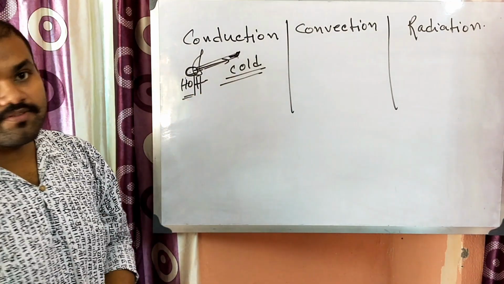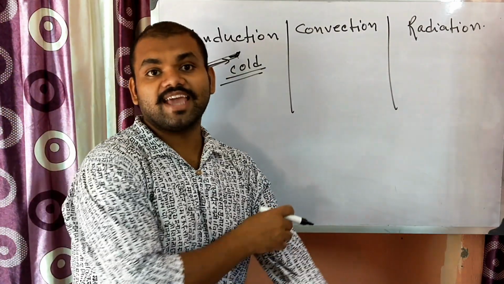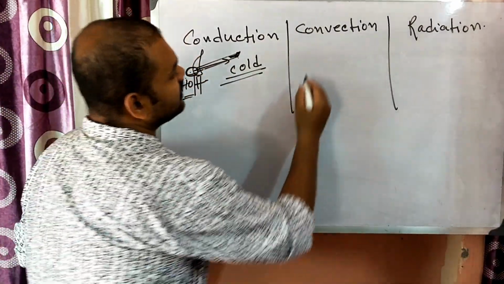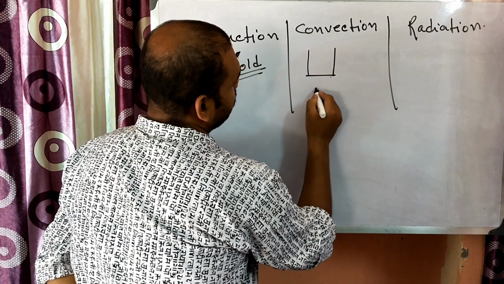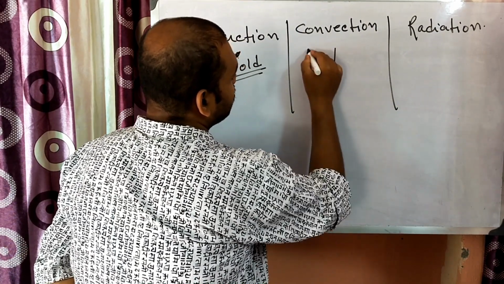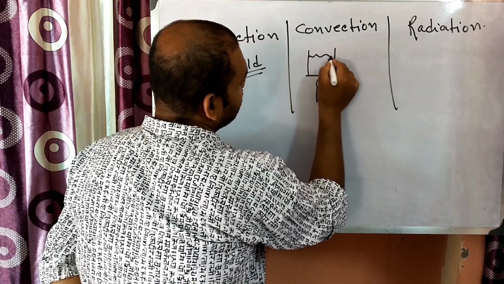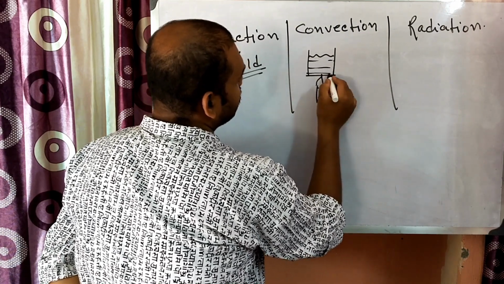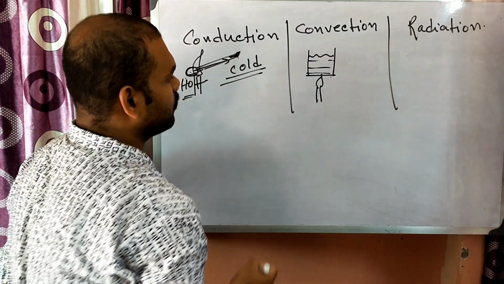But in case of convection, convection happens generally in gas and liquid. What happens in case of convection? Suppose I am giving you another example. Suppose this is a Bunsen burner, and on that burner you put in a beaker some amount of water. Okay, so when we heat the water, what happens?